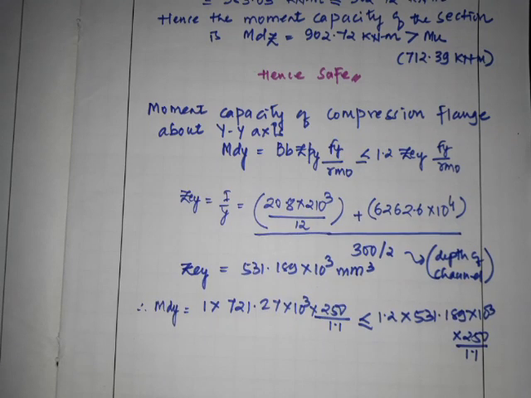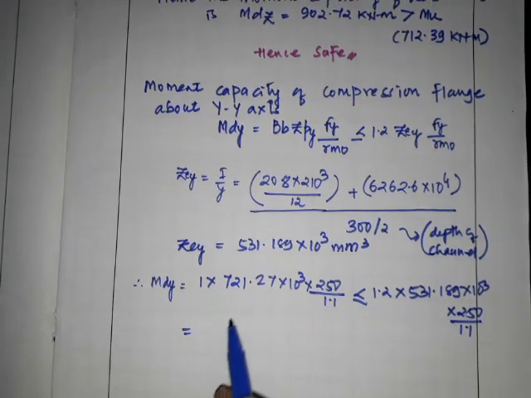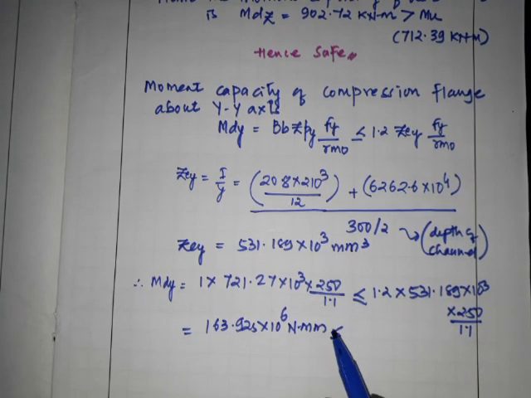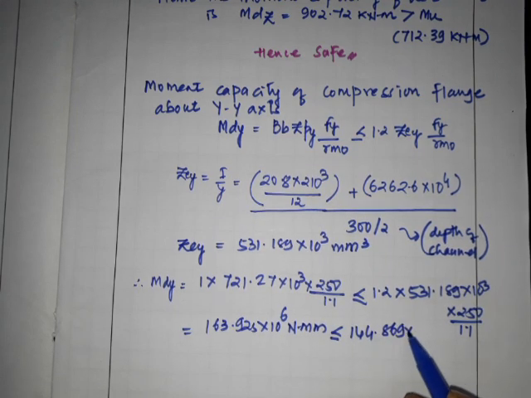So we get this value. Again you have to check for both the values. So we get this as 163.925 into 10 raised to 6 Newton mm, less than or equal to 144.869 into 10 raised to 6 Newton mm.